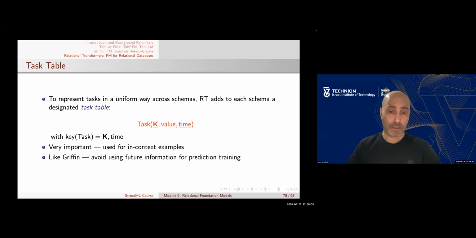Also, when they process an example or a tuple, they make sure to use only information from the past, older than the task row, the specific task, and not rely on future information. That's standard.